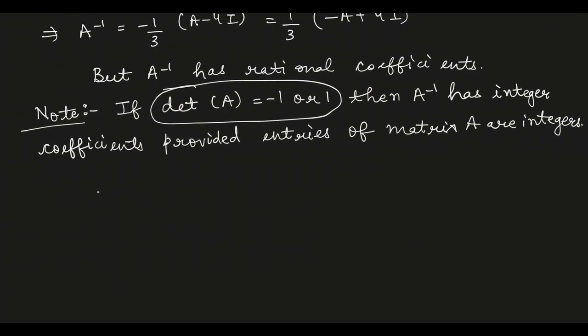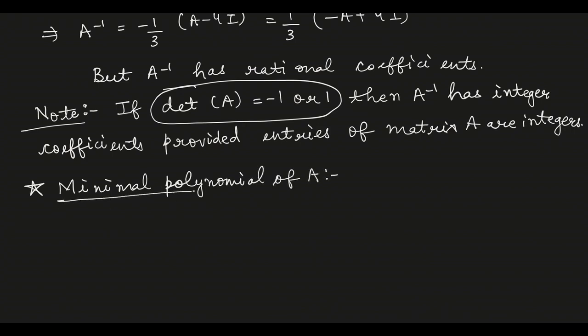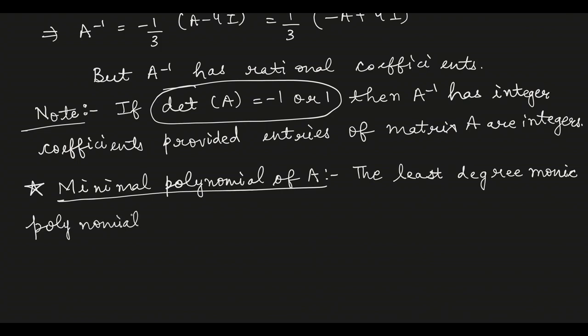Next concept is the minimal polynomial of A. It is the least degree monic polynomial satisfied by matrix A. That is, if m_A denotes the minimal polynomial corresponding to matrix A, then it will satisfy the given matrix.